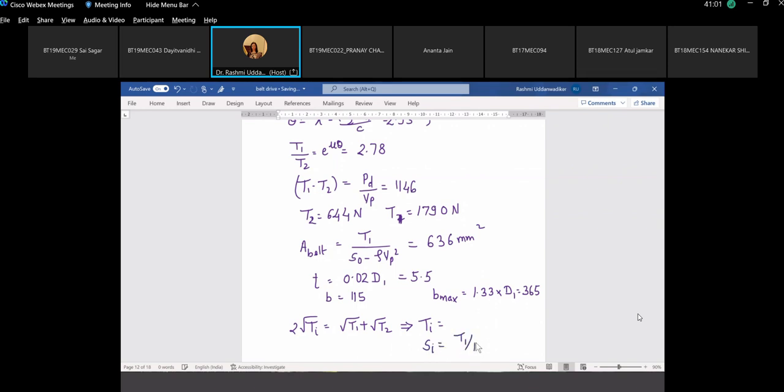If this value is less than the allowable value of stress, we are safe, and then we go for the pulley design. 1145 initial tension, 1144. Okay. So what is SI?